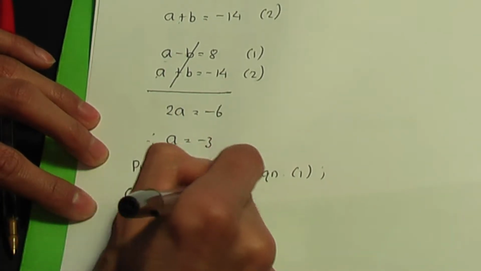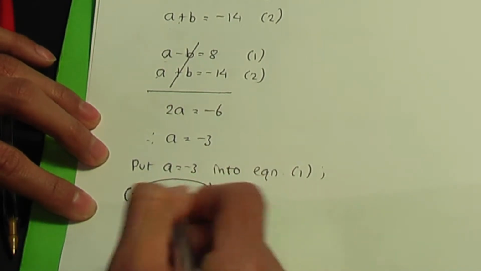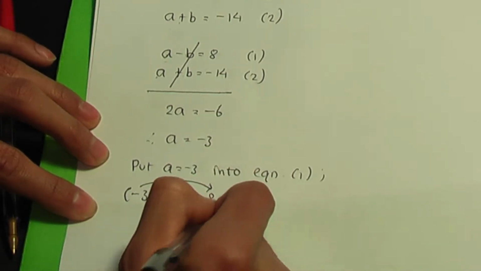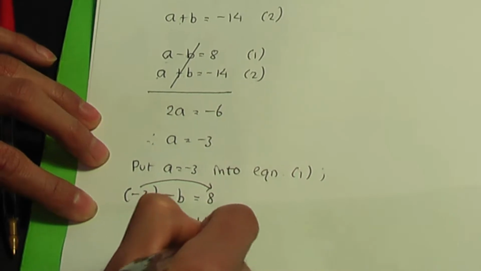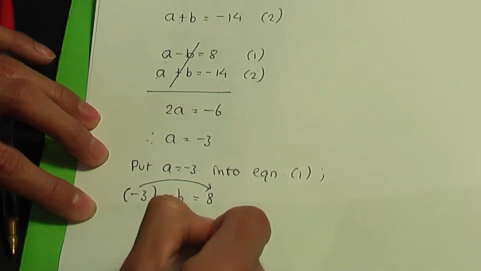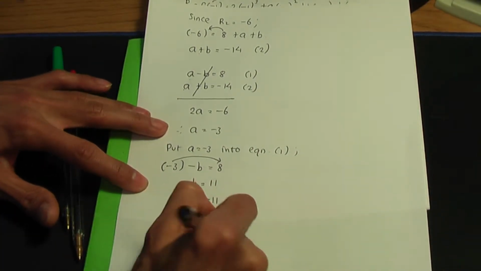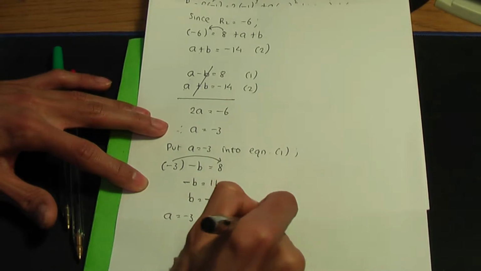So if I take the minus 3 to the opposite side, minus b will be 8 plus the 3, which is 11. So if I multiply both sides by minus 1, b is minus 11. So just to summarise, the a value is minus 3, the b value is minus 11.